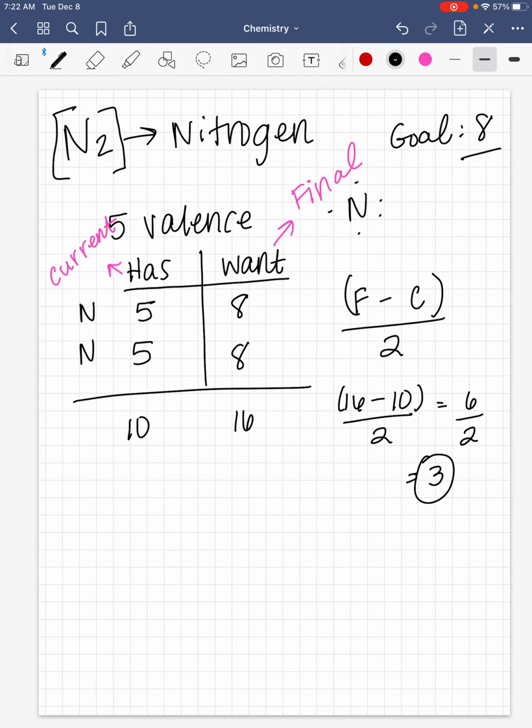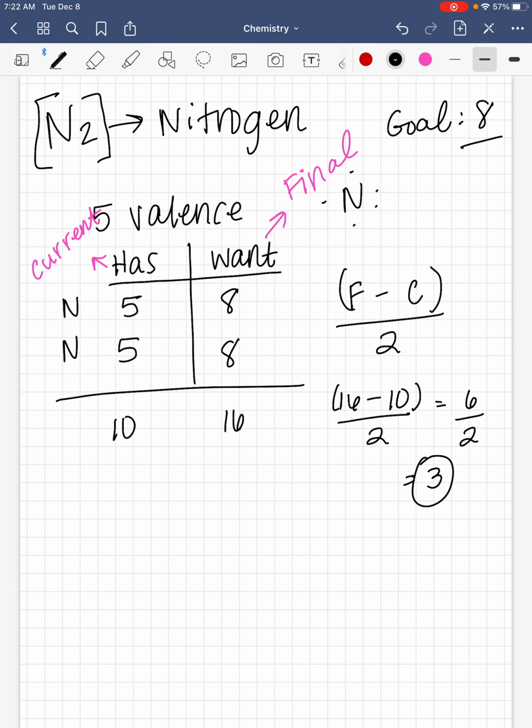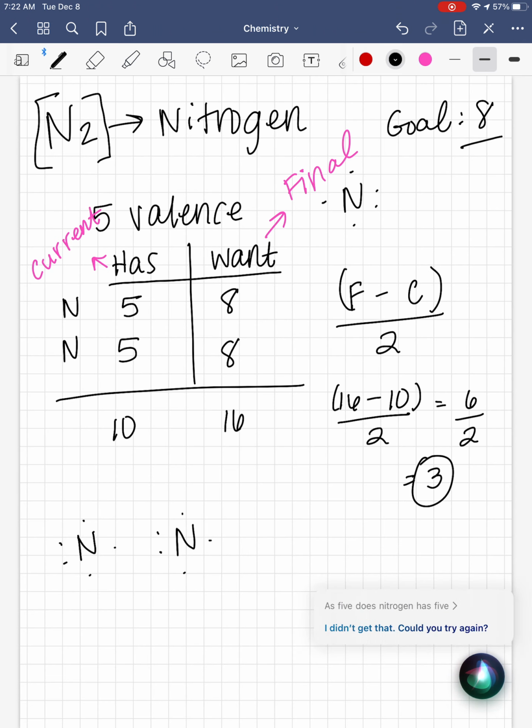So for my Lewis structure, I drew one of them out, but I'm going to draw them both out separately. Sorry about that. Okay, so there's 3 bonds, but there's only 2 atoms here.